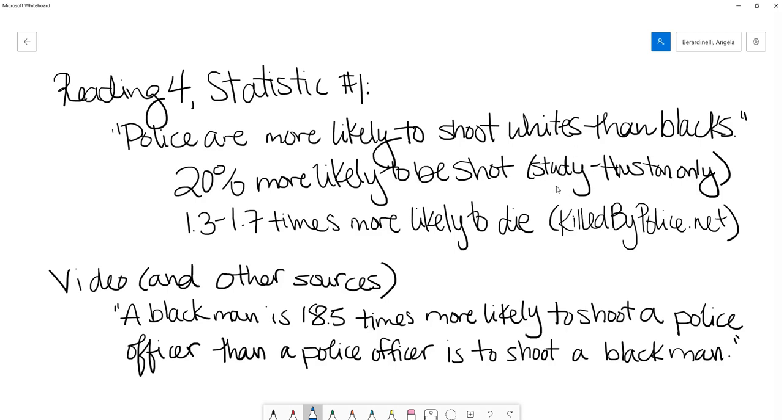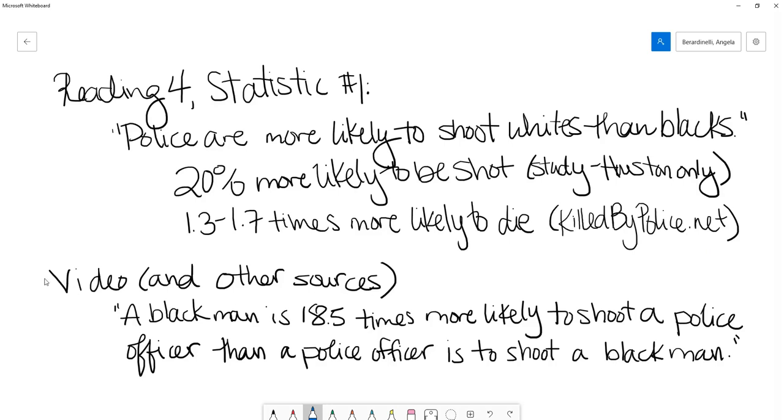That was the study that we found, and the original data set only included Houston PD data. And then the other statistic that was to support this claim was that whites are 1.3 to 1.7 times more likely to die by a police shooting than blacks. And that was supported ultimately by the killedbypolice.net data set.